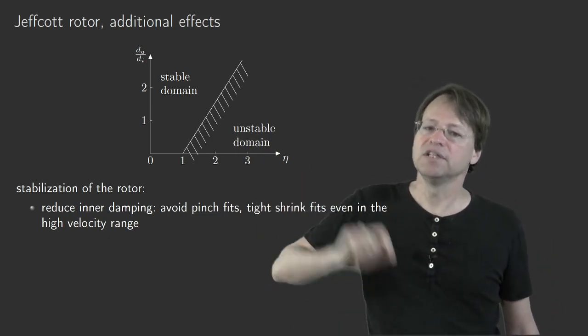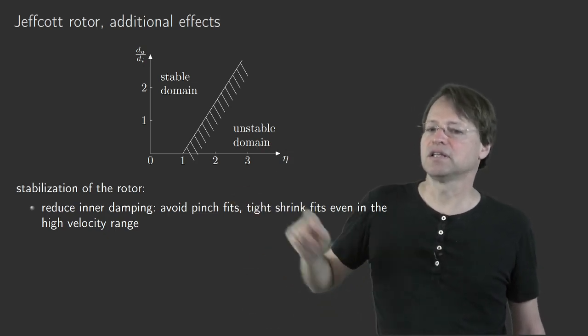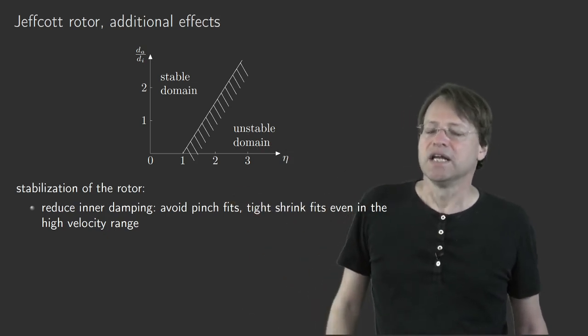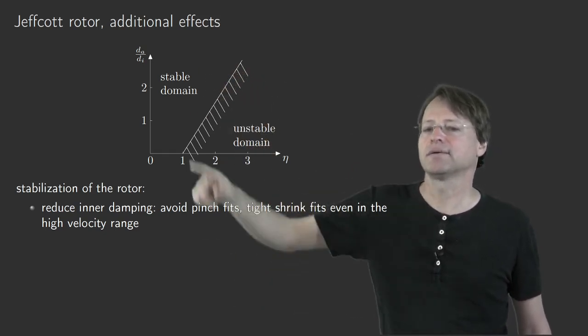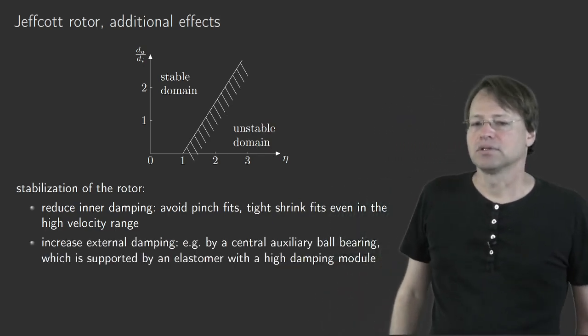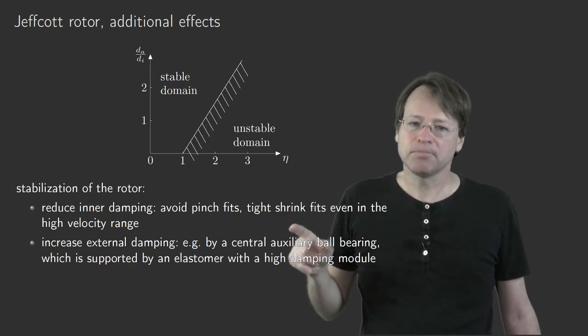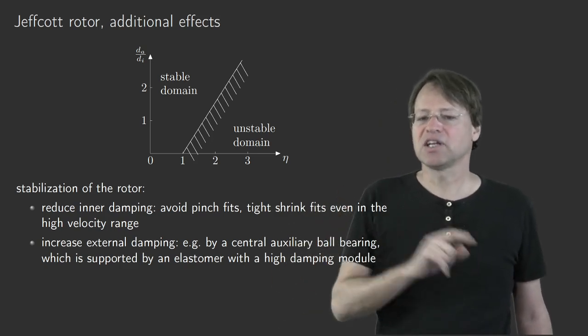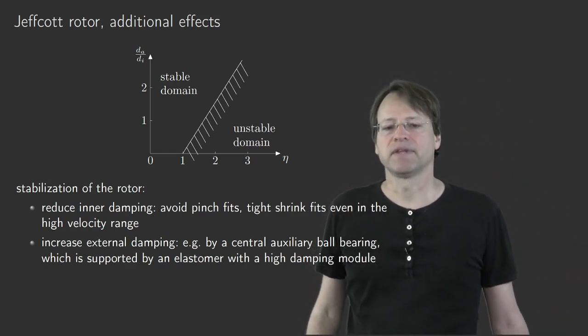This diagram is the reason why you do this. You have to reduce the inner damping not because you want to be very energy efficient, but because you want to increase the stable domain, the ratio dA by di. However, there might be limits to this, and then, in exceptional cases, you will increase the external damping.